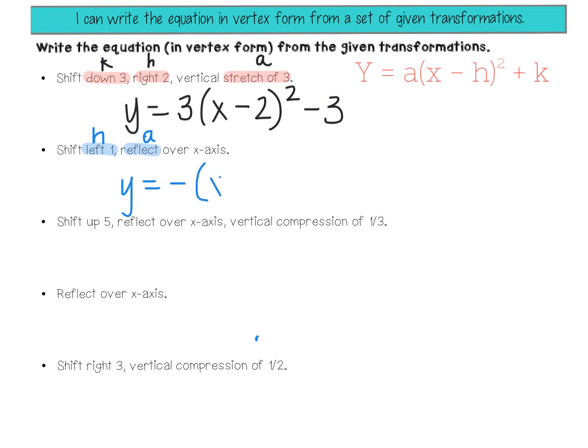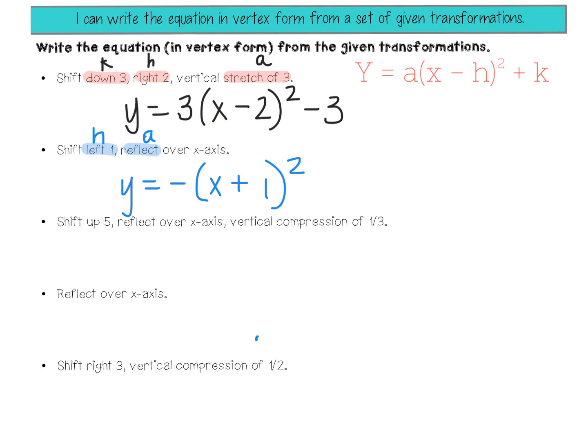And then it's going to be x minus, and if I'm going left, it's going to be negative. So it's like x minus negative 1, which is really just plus 1, squared. And I don't have any vertical, so k is going to stay, it's like a 0 because I have 0 movement up or down. So that is that description in vertex form.